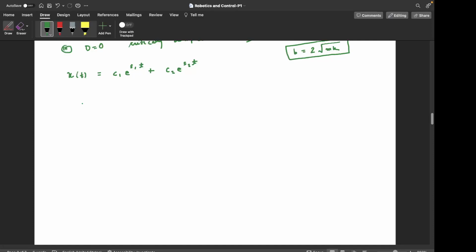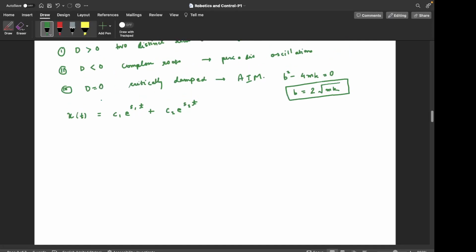now this is very basic about second order systems, right? When the second order system is critically damped, when this condition holds, basically, right?